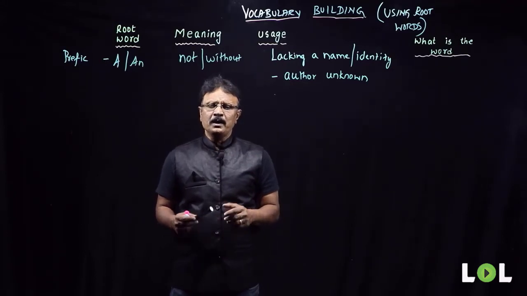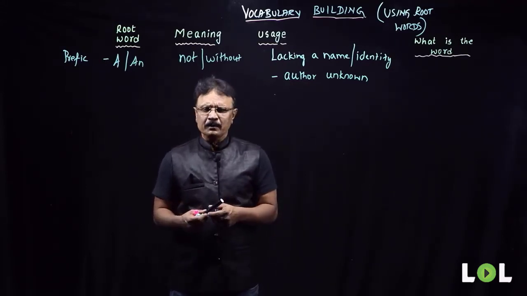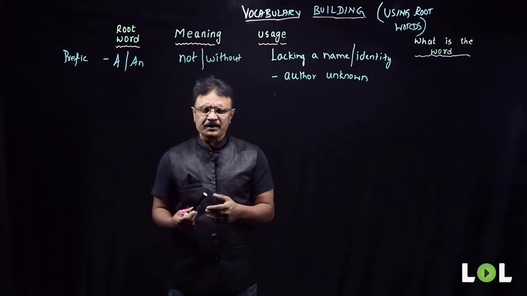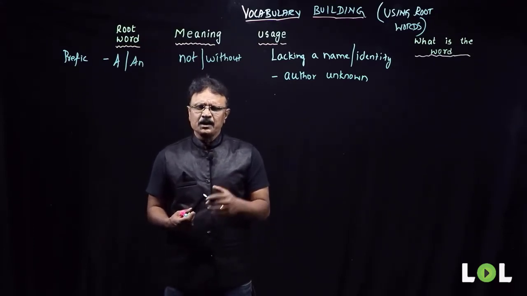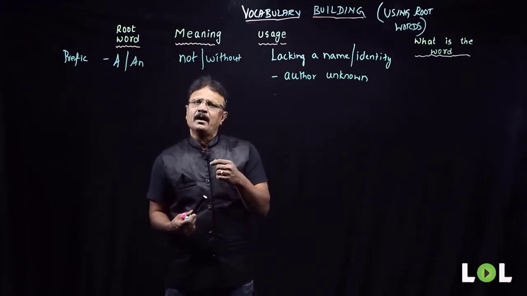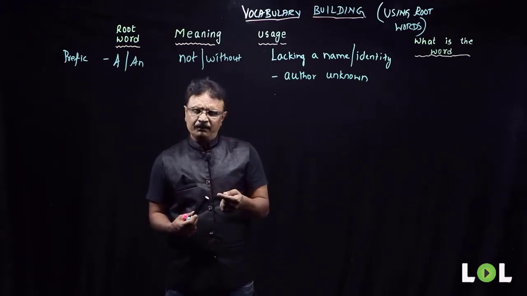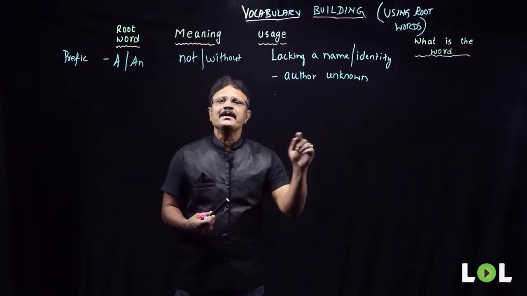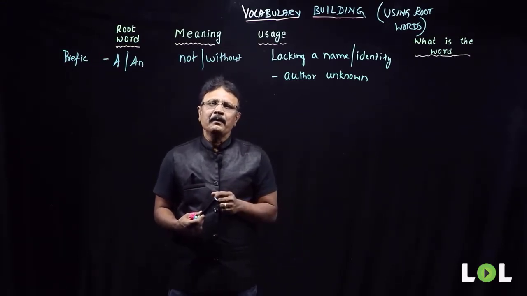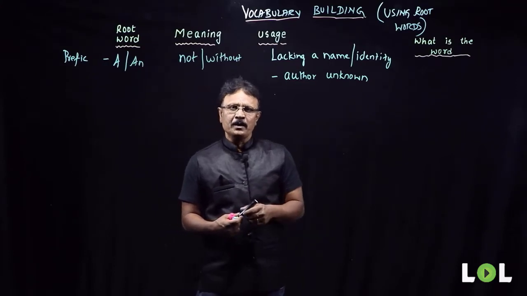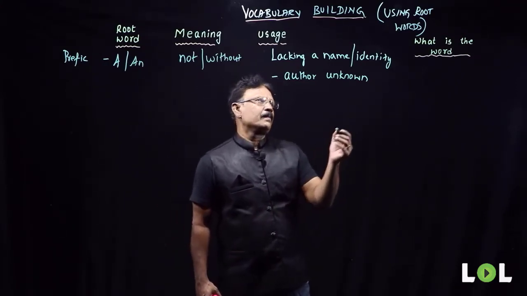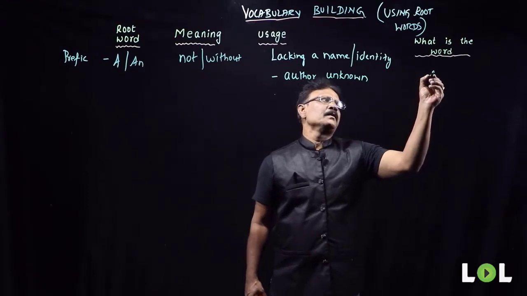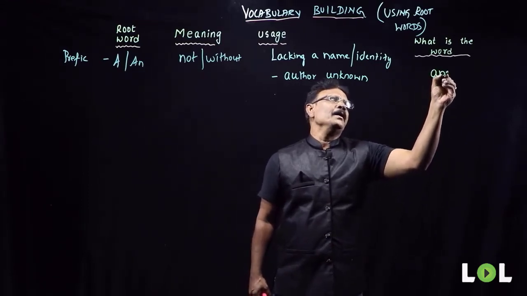A person who does not want to reveal his name for various reasons is writing that particular article or a novel, for that matter, in a dash name. So what's the word that I'm looking for? Any guesses? The word is anonymous.